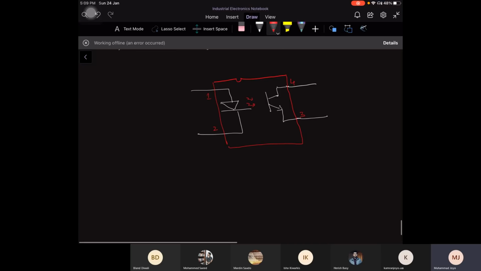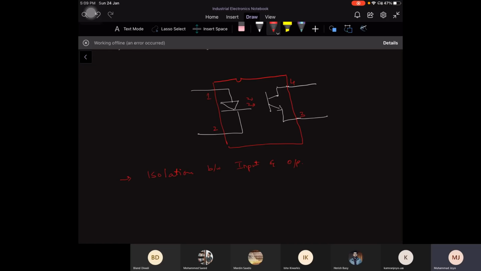One of the characteristics of the optocoupler is that it provides isolation between input and output. As you can see, at the input side you have an electrical signal, and at the output side you have an electrical signal as well, but you can isolate them.